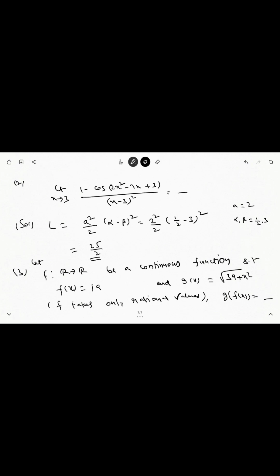So what is the logic here? F of x is equal to 19. Already we have done this in this classroom. And also f takes only rational values and also it is continuous. So the graph must be a constant function.